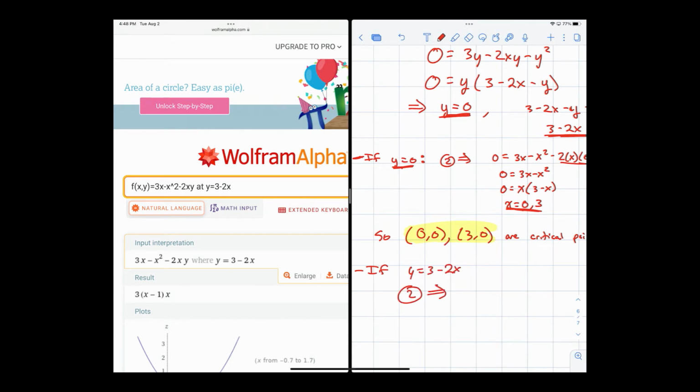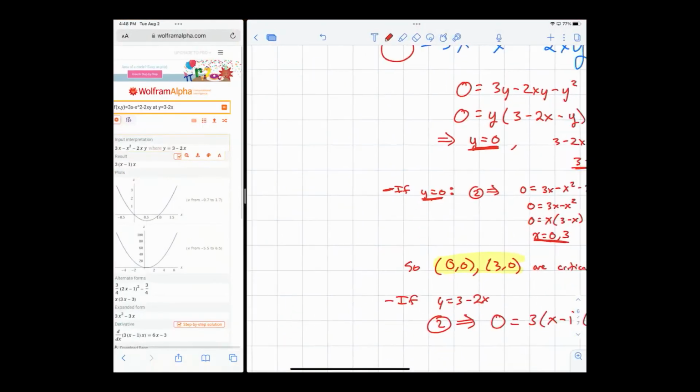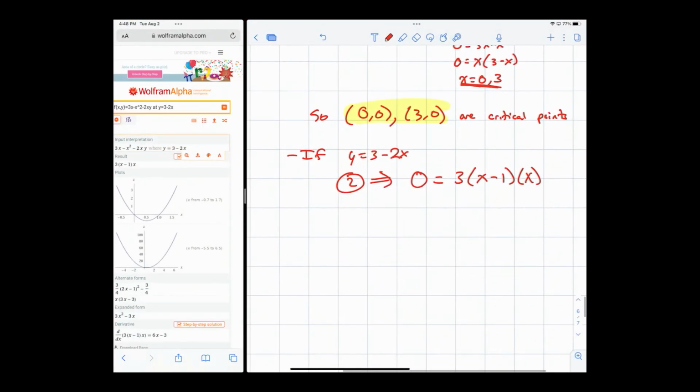0 equals 3x minus 1 x. It says, which would give me x equals 1, x equals 0, right? So I have two x values, and those two x values go with this equation for y.